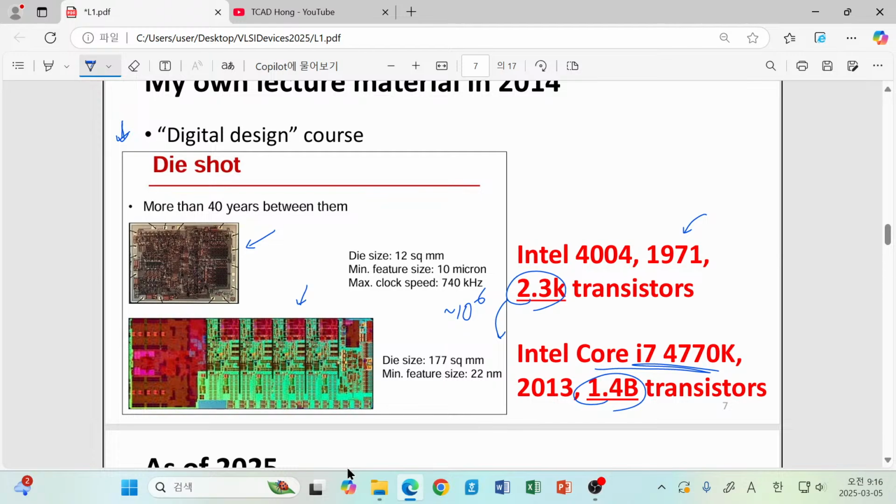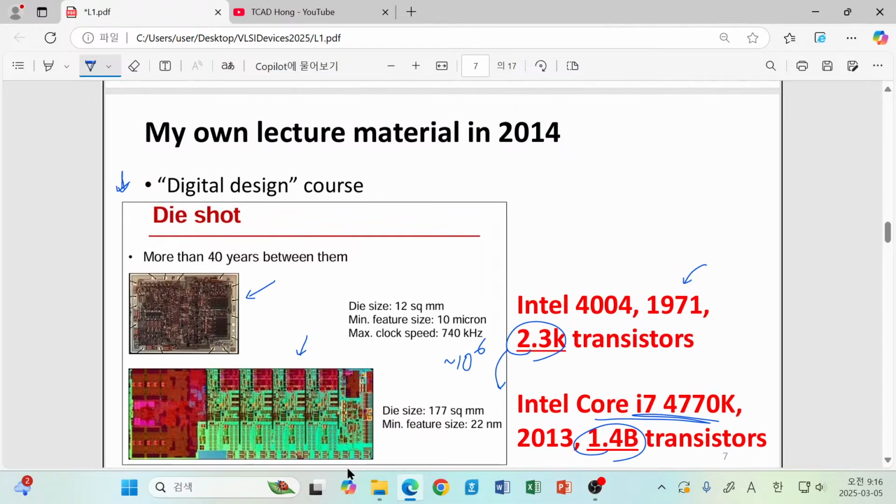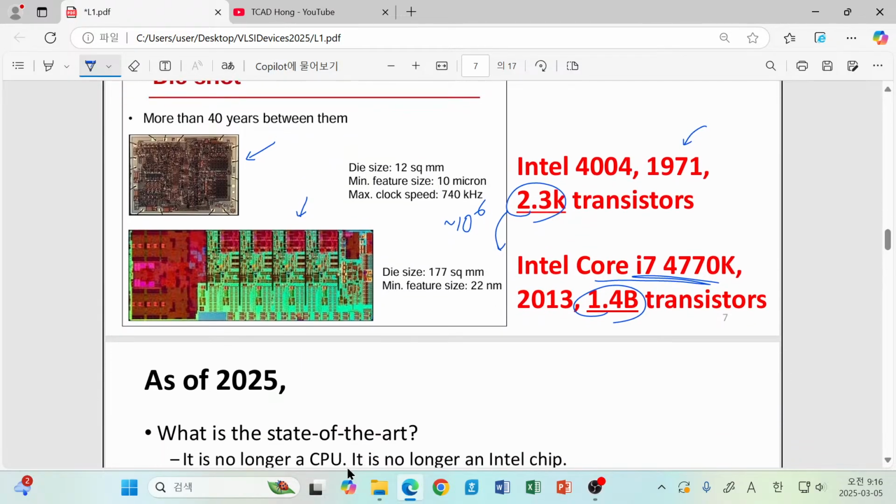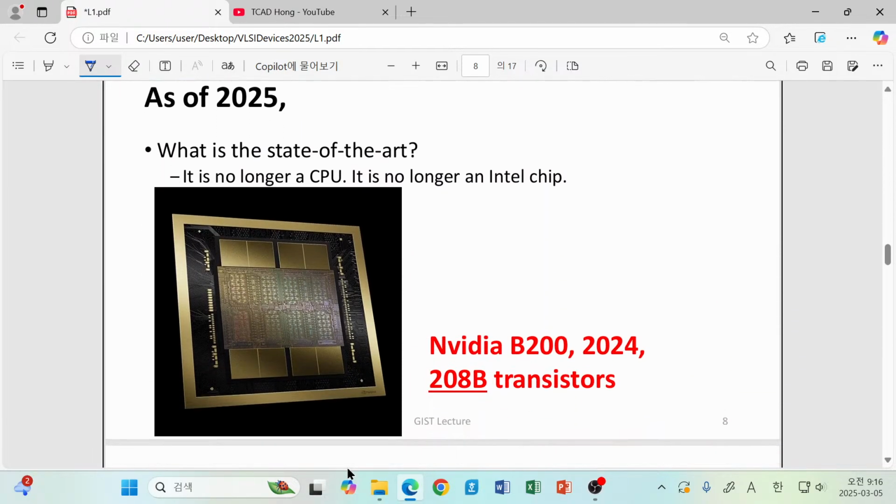So that was my own lecture material in 2014. I told my students, wow, electronics has evolved quite a lot. That is amazing. Now 11 years have passed once again. What will happen to our industry? As of 2025, in March, what is the state-of-the-art device or chip?